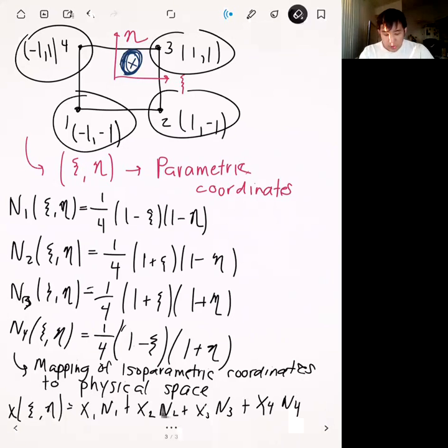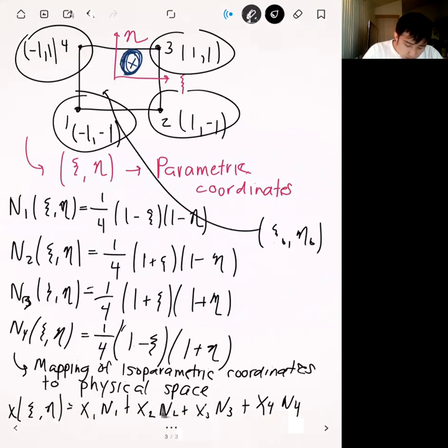And so what this means is that we can take any coordinate, let's say xi naught and eta naught, and let's say that xi naught and eta naught correspond to this location right here. We can take xi naught and eta naught and plug them into our mapping function here, and this will give us the physical x coordinate of this location on our physical element.